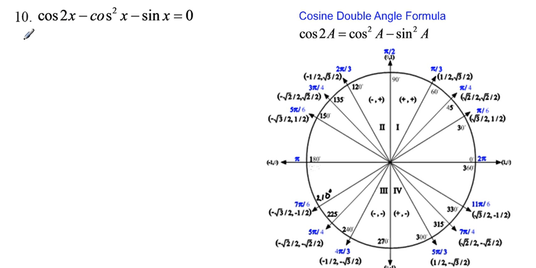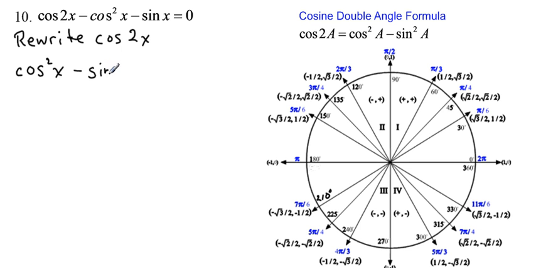What we're going to do is rewrite the cosine of 2x as cosine squared minus sine squared. So what we'll wind up with is cosine squared x minus sine squared x.